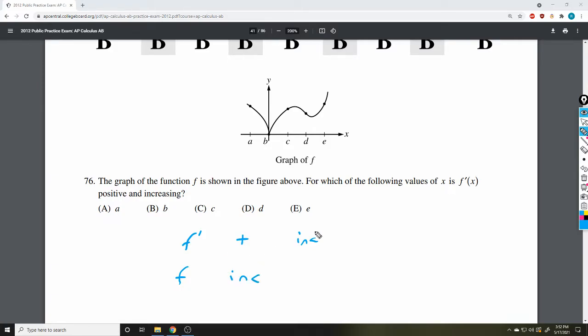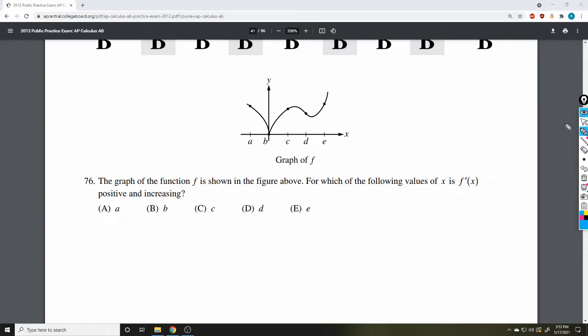And so f prime being increasing will mean f double prime is positive, which means that f is concave up. So we are looking for where that function is increasing and concave up, and that is at E. Both increasing and concave up.